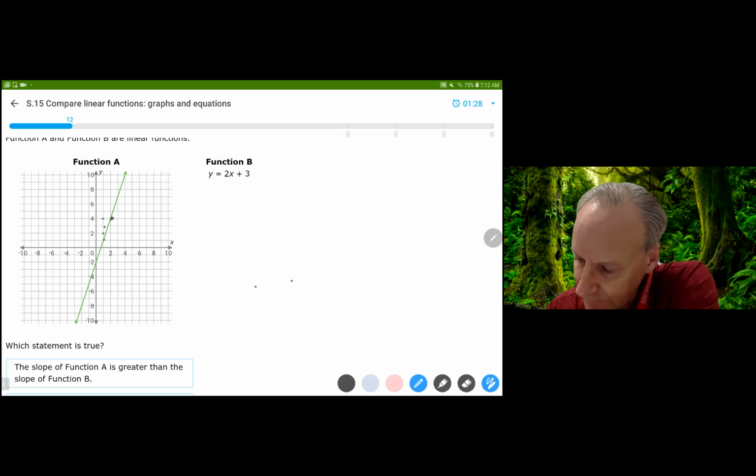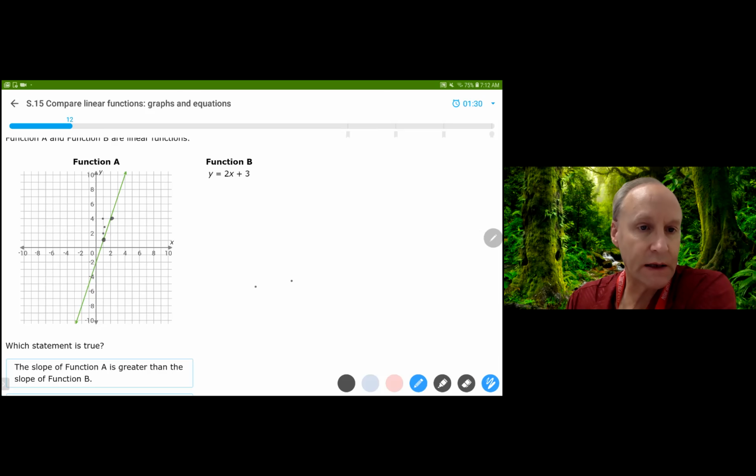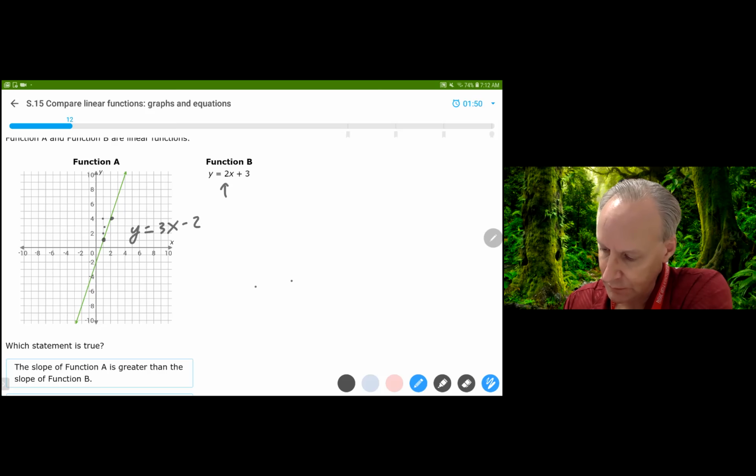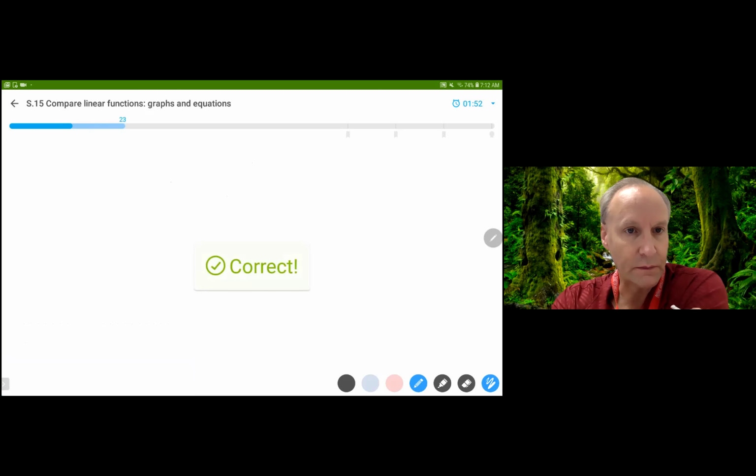These are 2 points on the line. You can choose any 2 points where it intersects, and you should be able to count the slope. So this equation was y equals 3x minus 2. And it says the slope of function A is greater than the slope of function B, which is true because it's steeper. The slope of function B, of course, is 2. So function A has a greater slope.